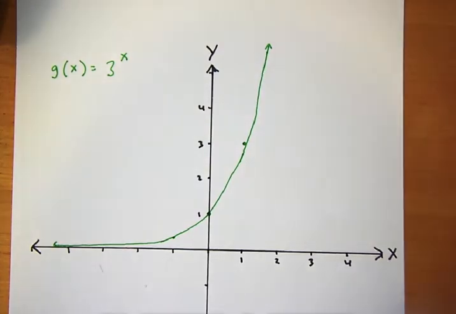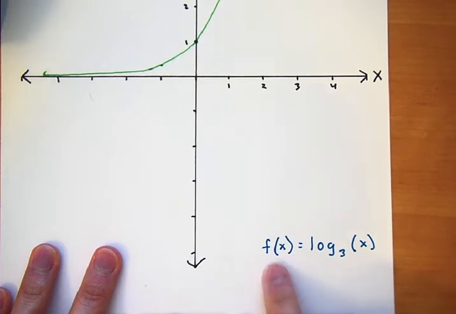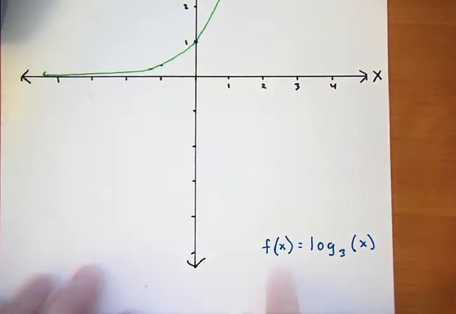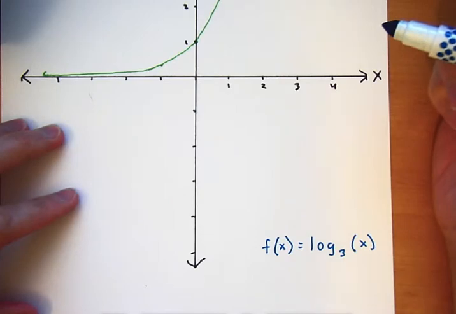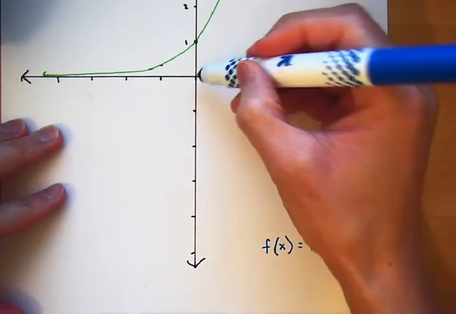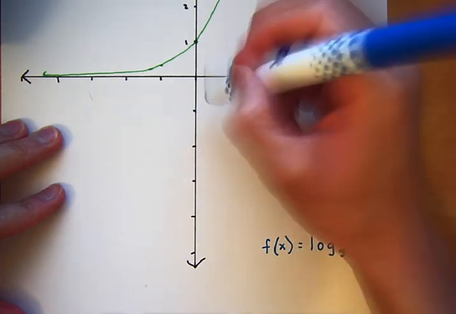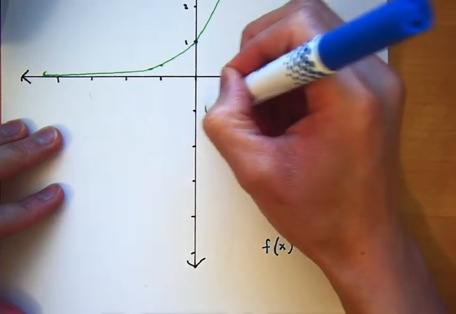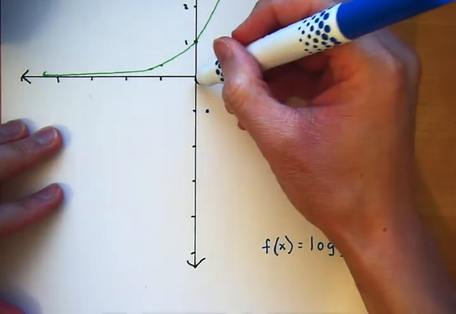On the other side, let's graph f of x equals log base 3 of x. And f of x here, once again, is like a y. And like we showed on the previous page, when y is negative 1, x is about 1/3. So right there. When y was 0, x was 1.